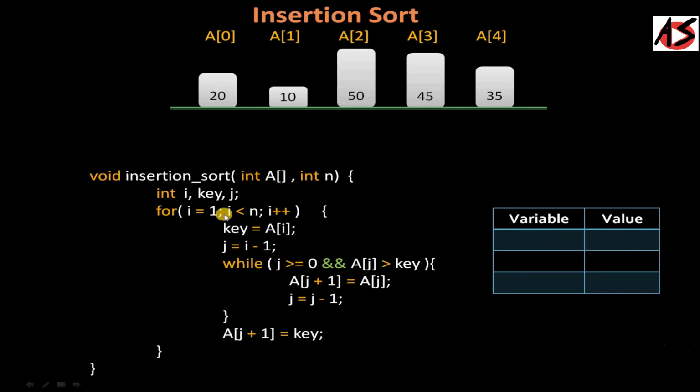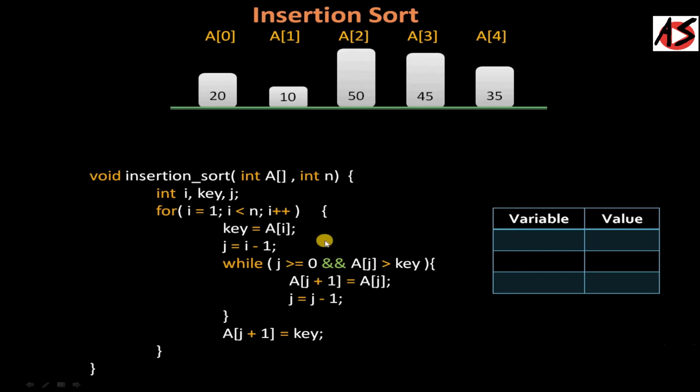Here you can see the code. We have passes running from 1 to n using the outer for loop, and in that you have an inner while loop that manages all the shifting at the time of insertion.